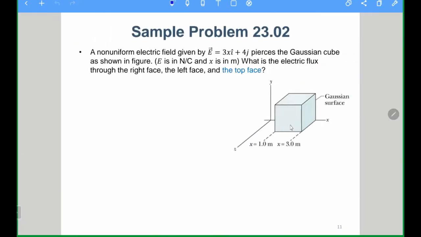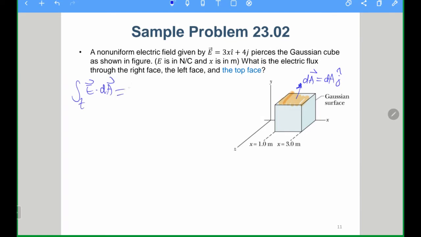Okay, so for the third part, this one is the top surface, and of course the dA is pointing upward, which is dA times j hat, like this. Okay, so here we would like to determine the integration of E dot dA for the top surface.